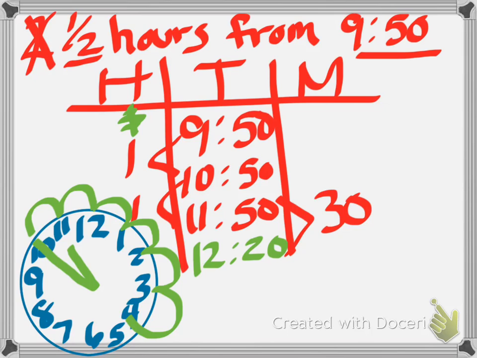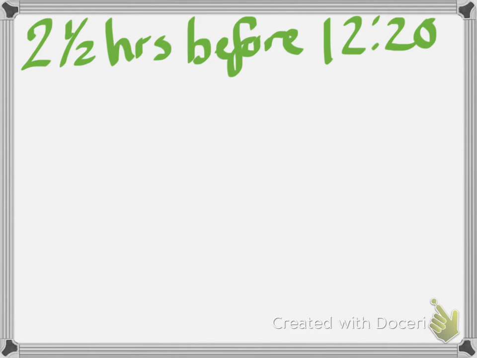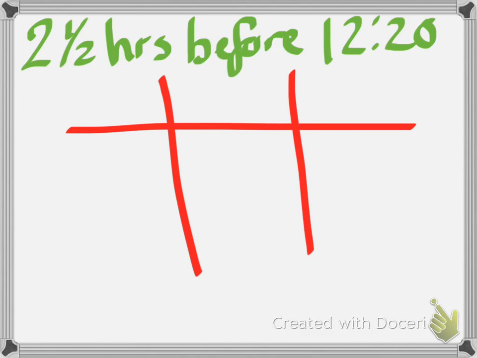Let's go ahead and do another one that's a little bit different. Okay, this time we're going to be working backwards, and we are going to be saying 2.5 hours before 12:20. We do our same graphic organizer, and we do what we know first. 2.5 hours before 12:20. So we don't know what our start time is, but we do know what our finish time is.